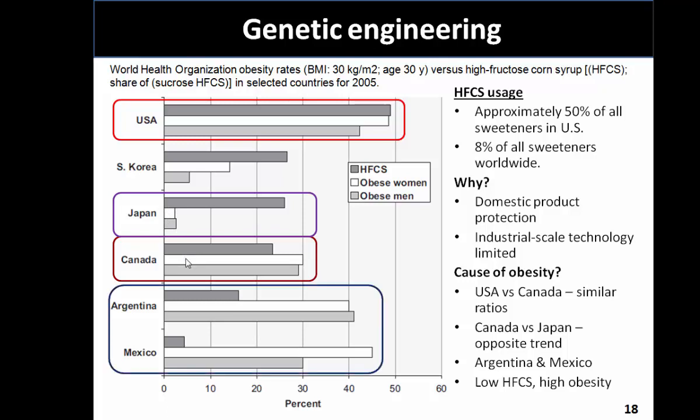And if we examine two other countries, Argentina and Mexico, we see that high fructose corn syrup consumption in Argentina is lower than that in Canada, much lower in Mexico than it is in Canada. But the obesity rates in Argentina and Mexico are reported to be, for the most part, quite a bit greater than they are in Canada.